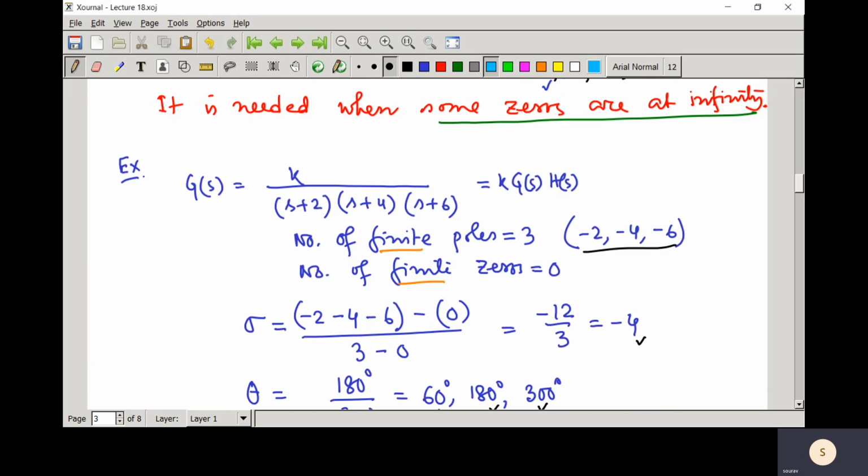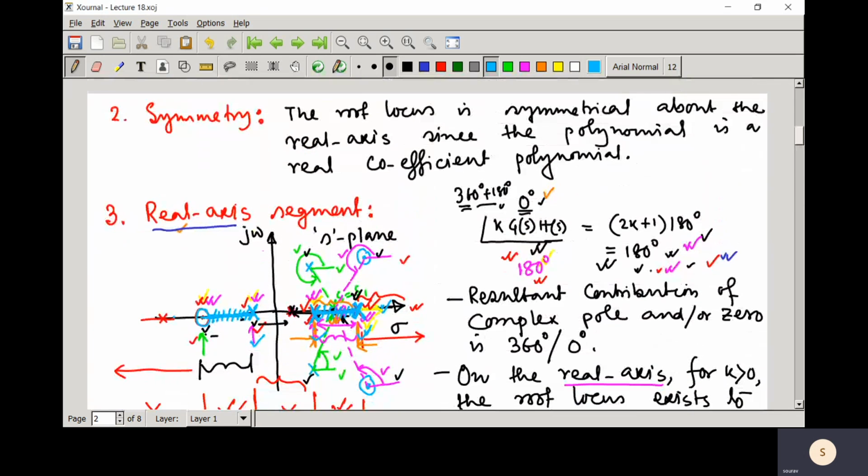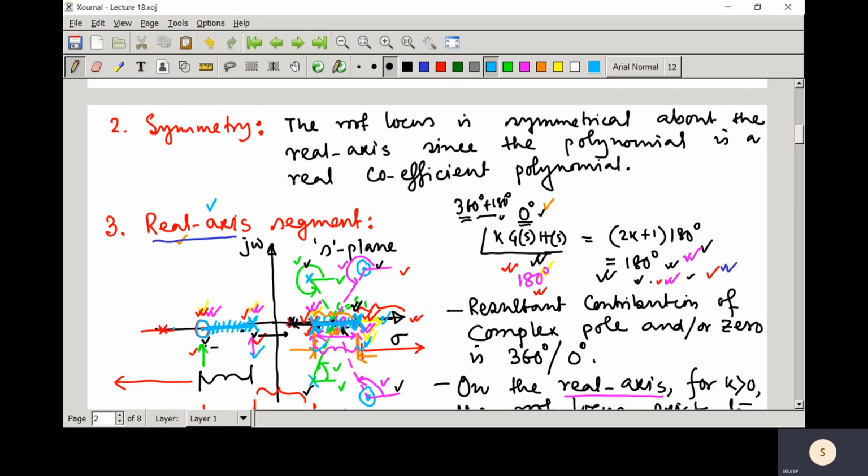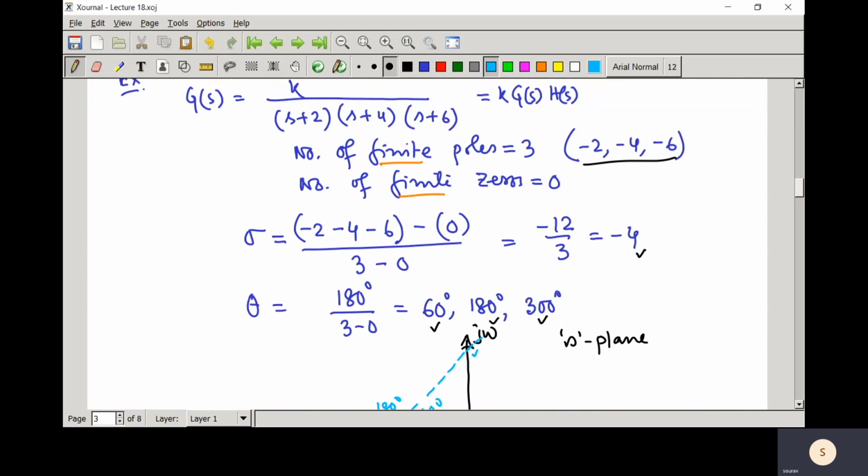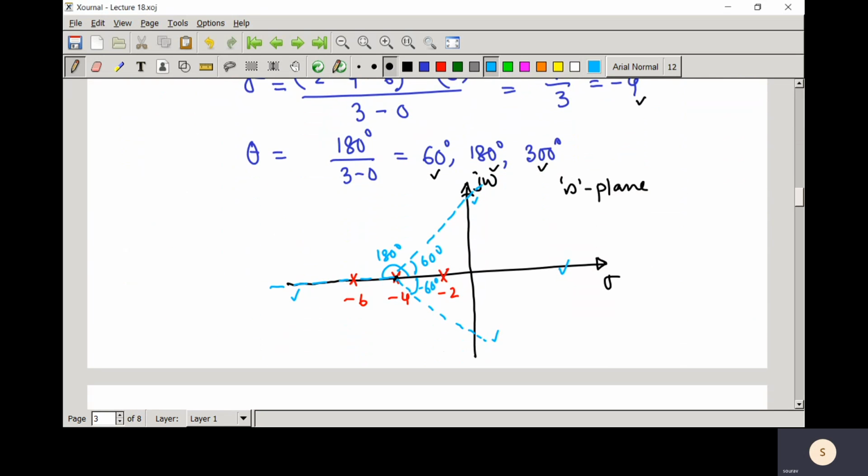And if you apply rule 3, which part of the real axis is in the root locus: if you are here on the right, you have only 1, and this particular portion is inside the root locus. So just by applying these four rules, we can have this part of the root locus.